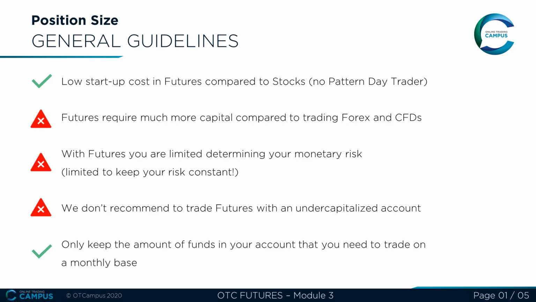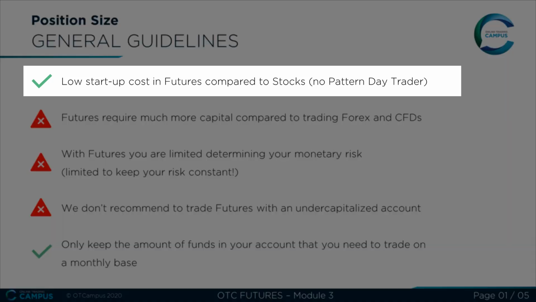Let me spend some time here elaborating on account size in relation to risk. One of the reasons many traders gravitate towards trading futures is the relatively low startup cost. For example, it usually requires about $30,000 to open a US stock trading account, and you must maintain at least $25,000 to keep your pattern day trader status.